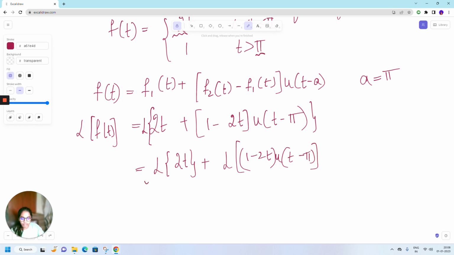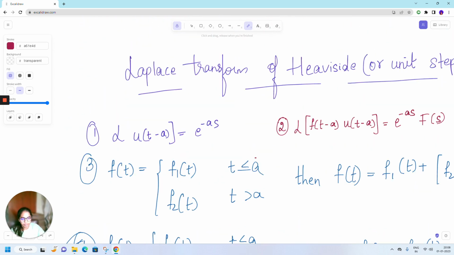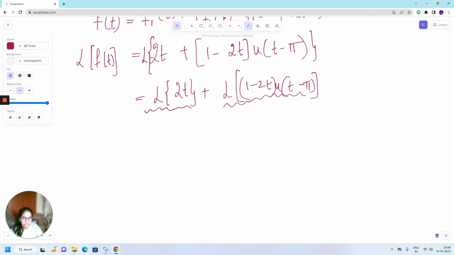For the first term, I can apply the direct Laplace transform formula. But for the second term, you observe this is in the form of the second property, so I would have to apply the second property. 2 is a constant, I'll take it out: 2 Laplace of t plus Laplace of 1 minus 2t into u of t minus pi.